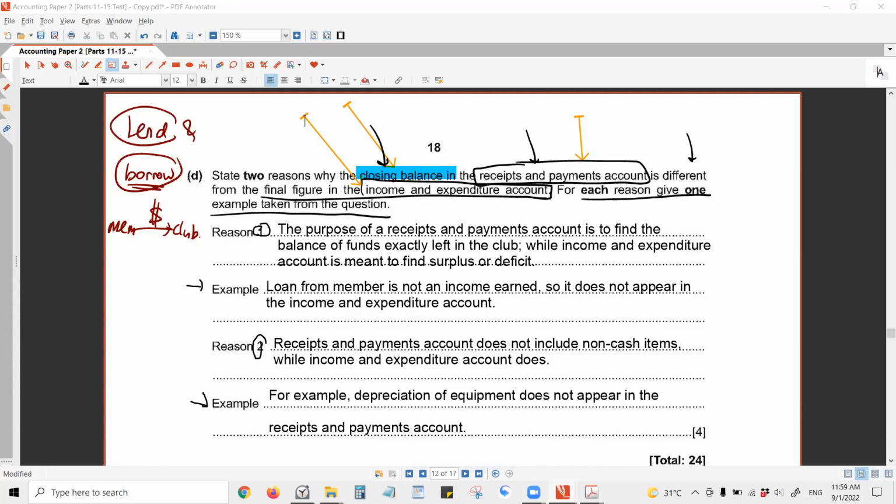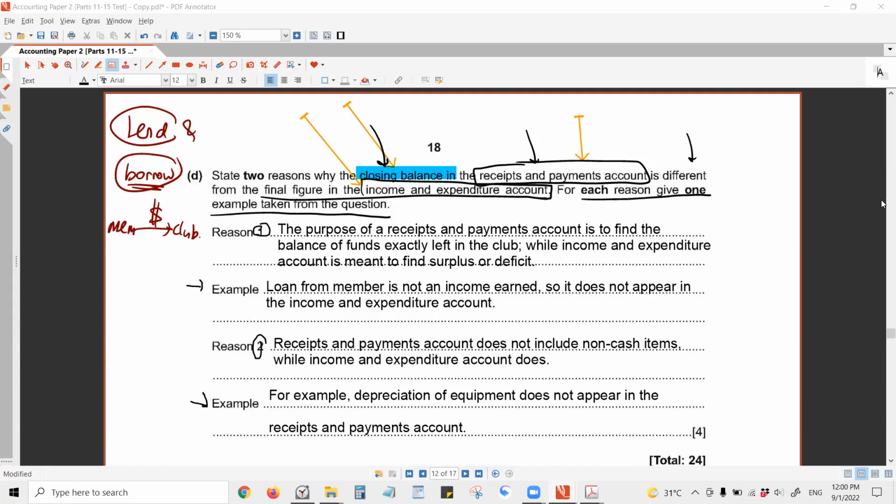Okay, I wait for Wenjun. I wait for Crystal. Okay, good. Now we see the next question, shall we?